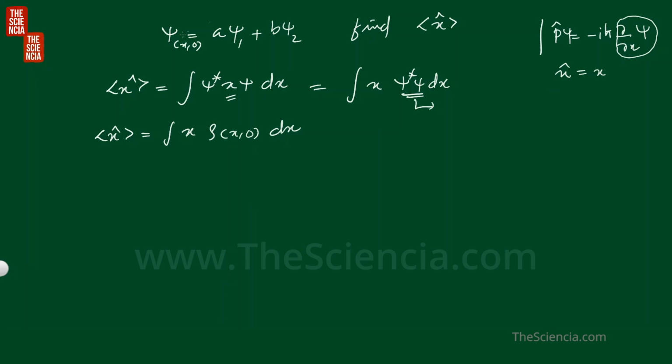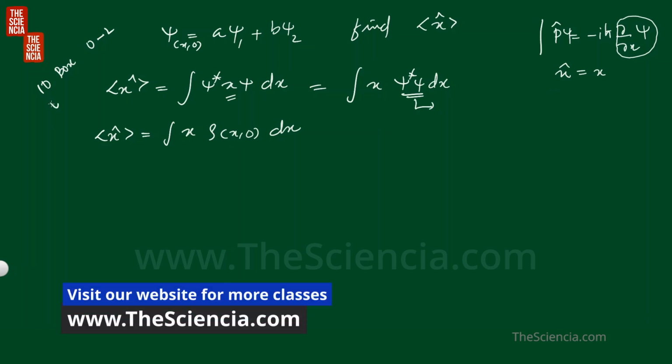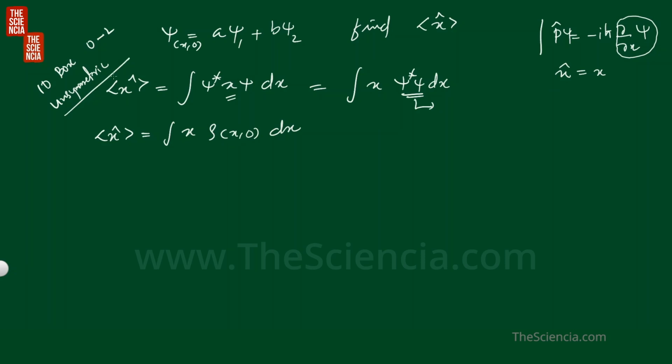Here psi 1 and psi 2 are wave functions of a 1D box of length 0 to L, an unsymmetric box. That is the case we are going to deal with. So the integral is from 0 to L.